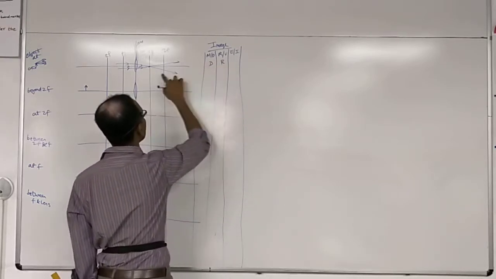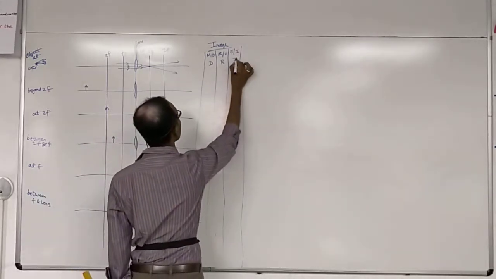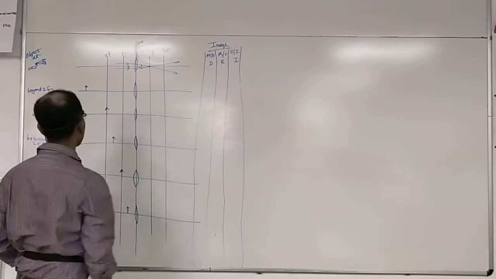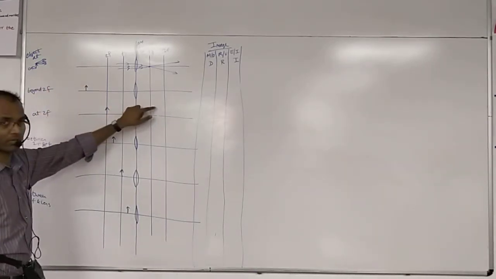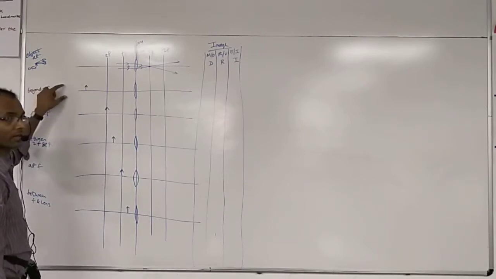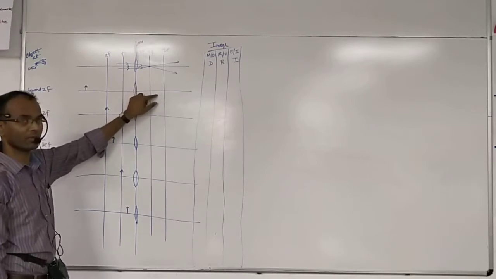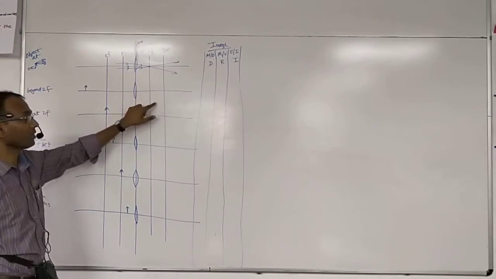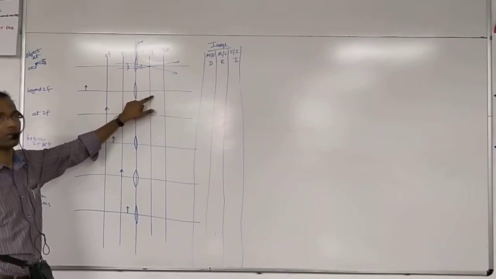It's a real image because the rays actually meet in space, and it is inverted. As the object goes further away, the image gets smaller and smaller and appears to become a point on the principal axis. So from the inverted position, it has shrunk to point size. So it's actually inverted.